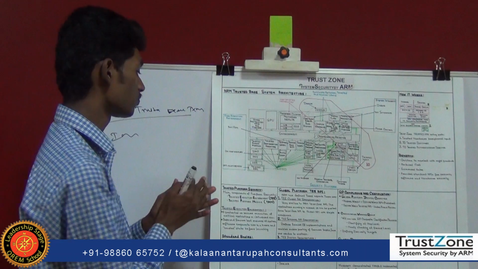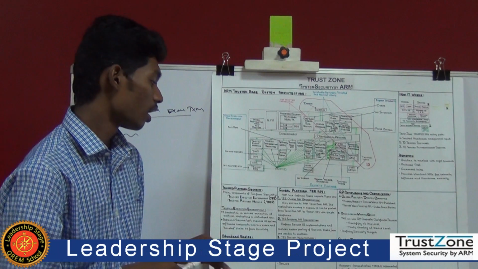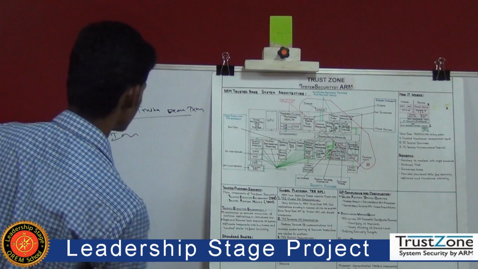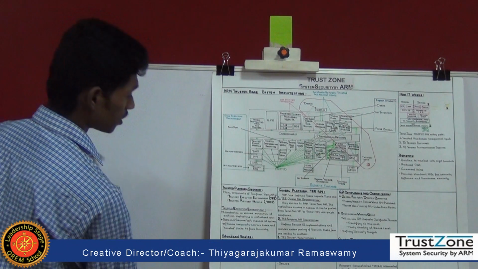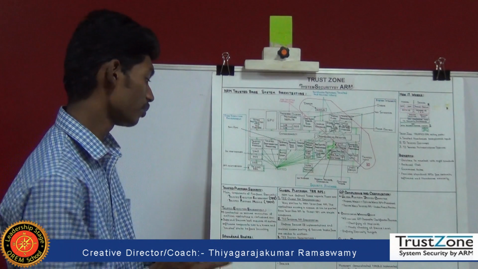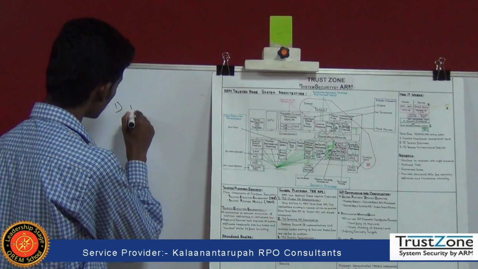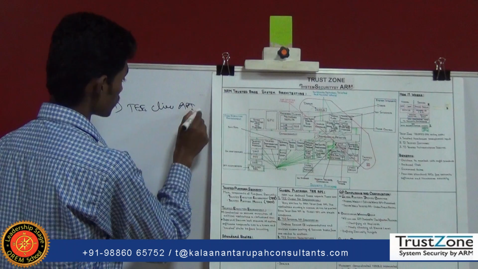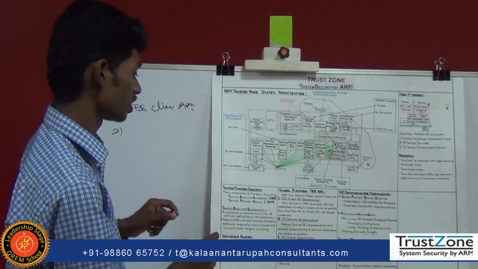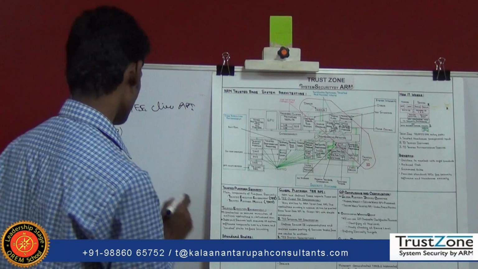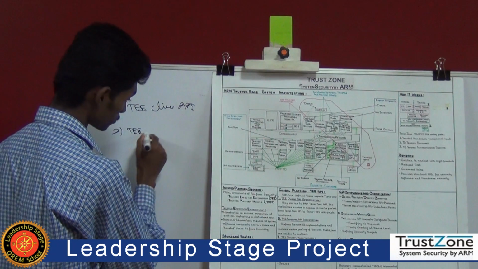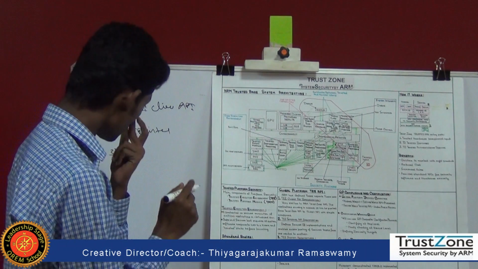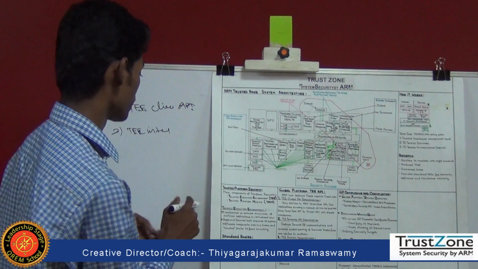It defines three aspects: first, the Trusted Execution Environment Client API specification; second, the Trusted Execution Environment Internal API specification; third, the Trusted Execution Environment System Architecture.